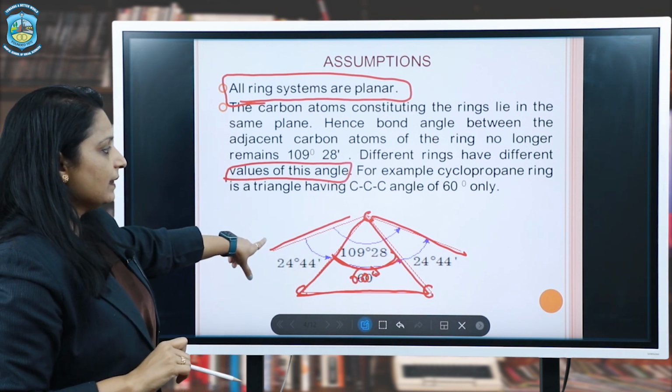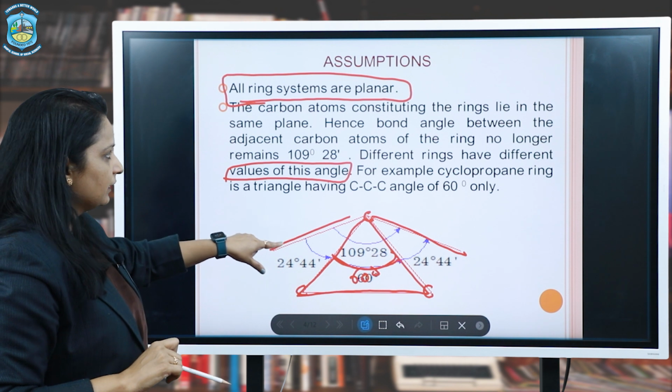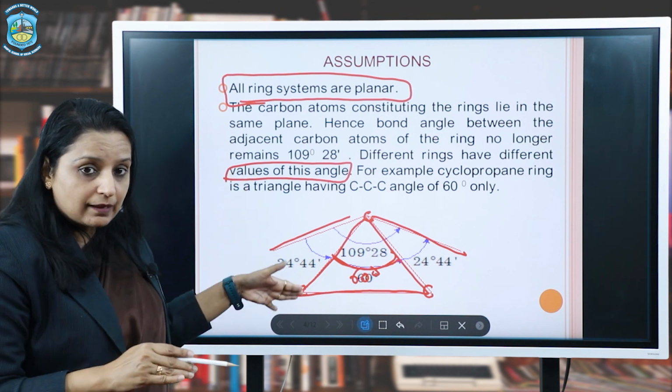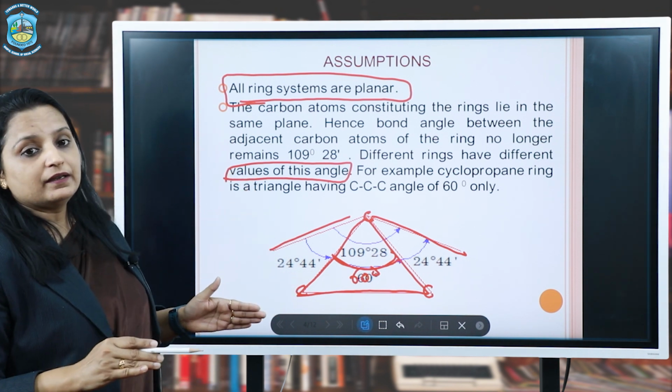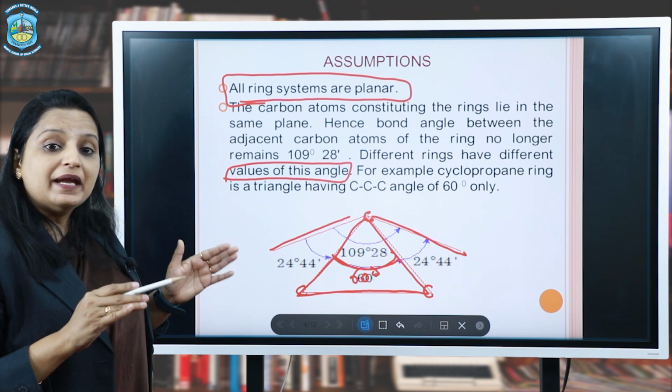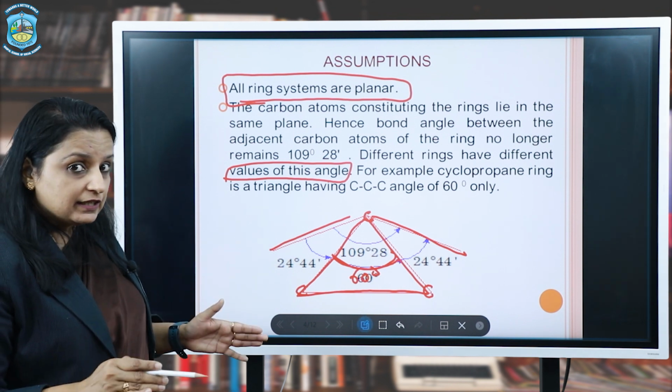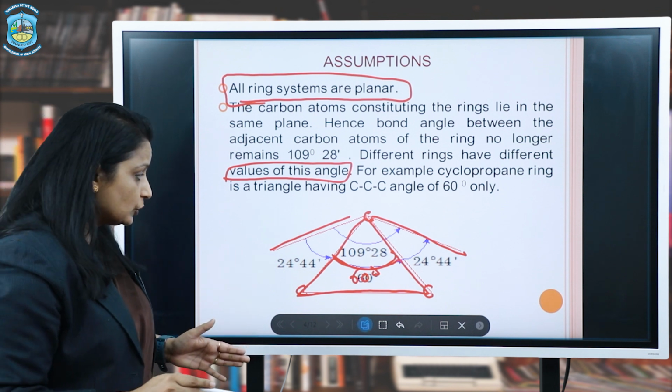This is a special example of the cyclopropane ring. So this was the assumption made by Baeyer strain theory, based on which he gave different postulates.